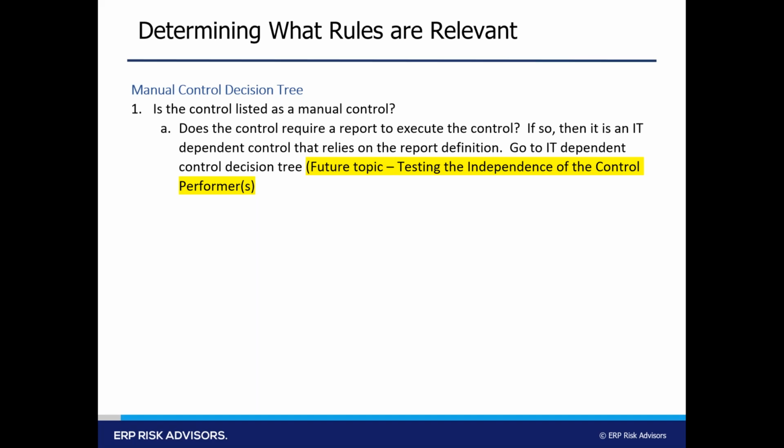But one of the next webinars is going to be talking about testing the independence of the control performer, which is a massive gap in the external audit community that is not really being evaluated by internal auditors or management. So I'm urging you to sign up for the next couple of training sessions, because I'm going to talk about this in more detail.